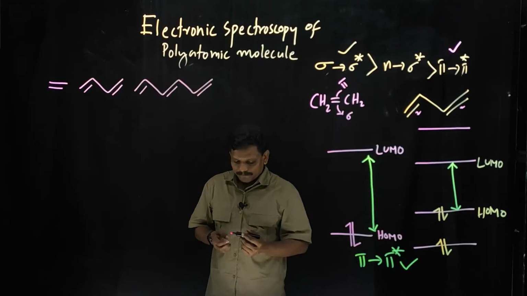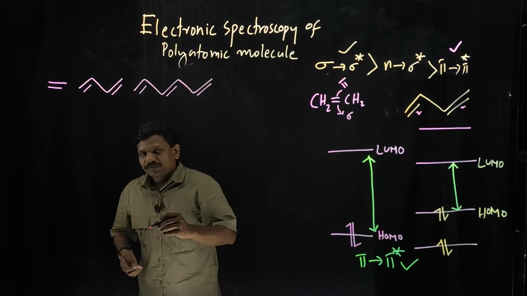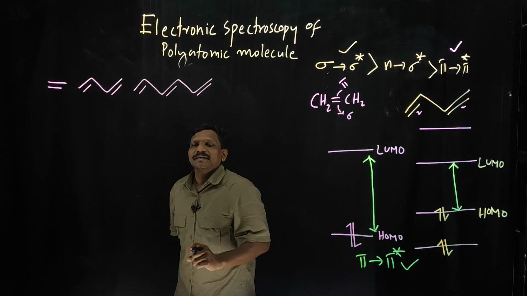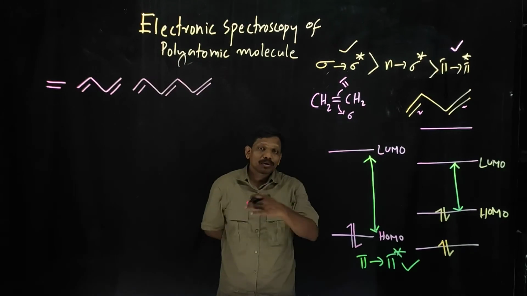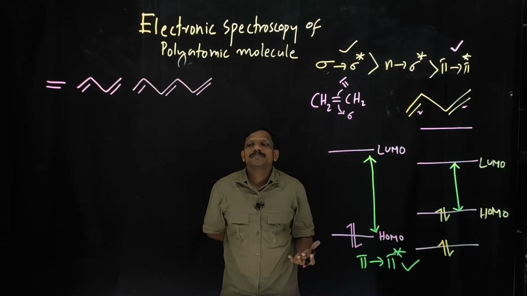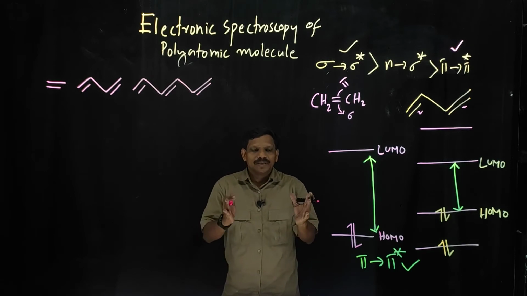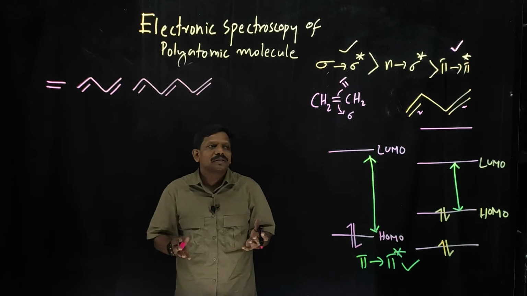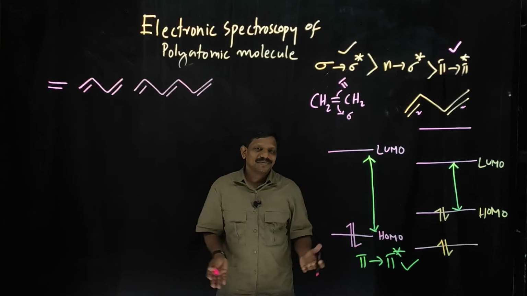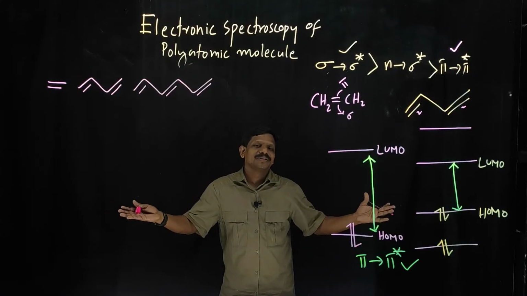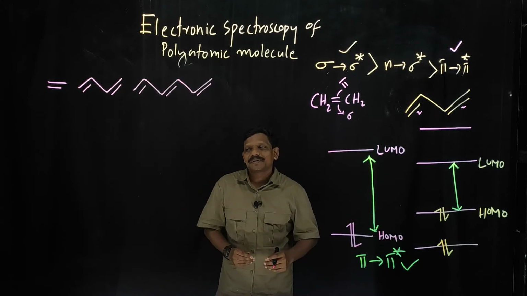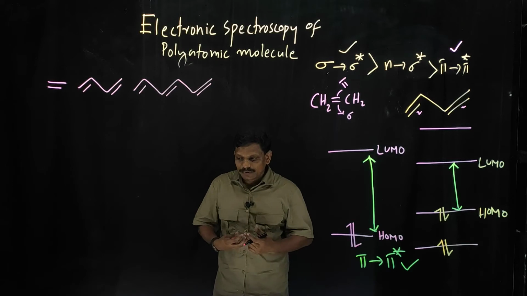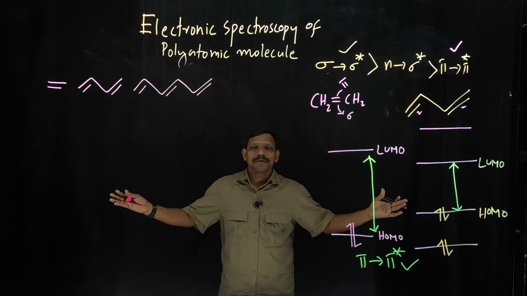I already told you that this gap is decreasing, and a more conjugated system means you get a very intense color in the visible range. You may know about the color of tomato. Tomato has a very intense red color. The compound responsible for that color is lycopene.